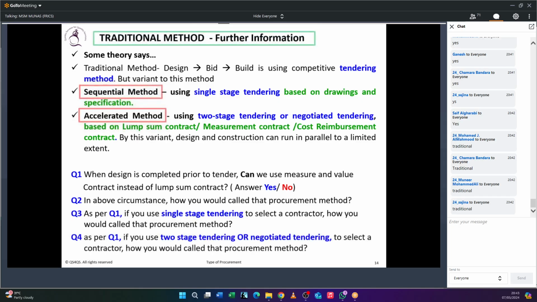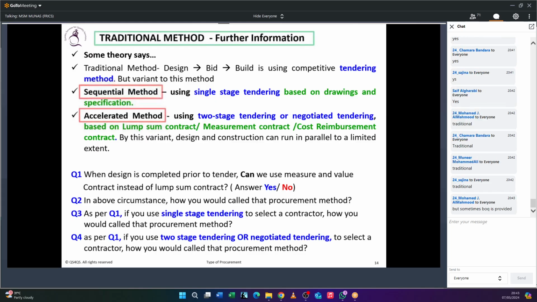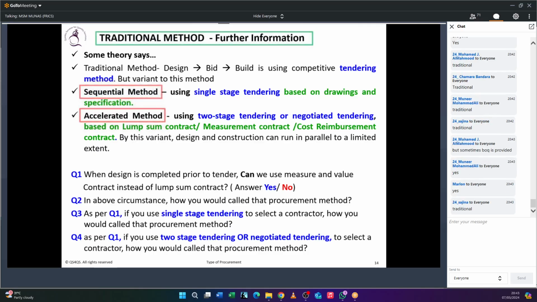Now, when you are using the two-stage tender or negotiated tender, you now know this question had a problem. But some assessors will accept that you have to say accelerated method. So be mindful, when they are asking these questions, they are really not updated. Do you understand what I'm trying to say here? If the fourth question is asked by any assessor, be careful. Don't say the right answer. They will get confused.